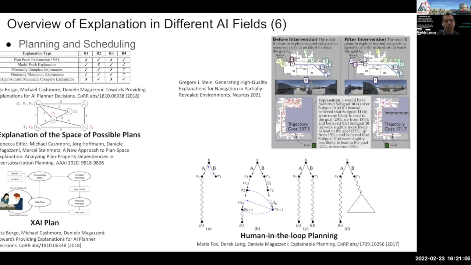So I think it's also pretty neat, and that's a very interesting topic. There's some very recent work at NeurIPS this year on this particular topic, where they try to do explanations on a navigation system, so that required some planning, and they mentioned the rationale of the system to navigate and to say which goal has been used under which conditions, what would have been the alternative, and that's a nice thing.